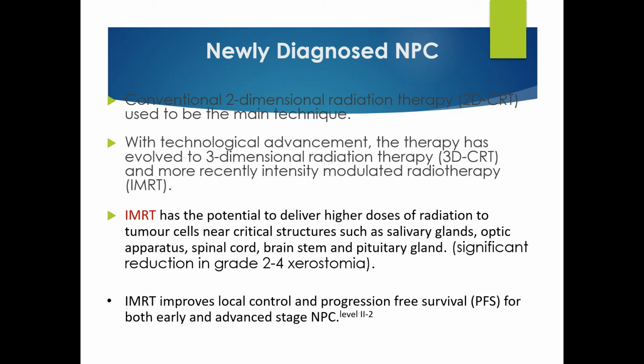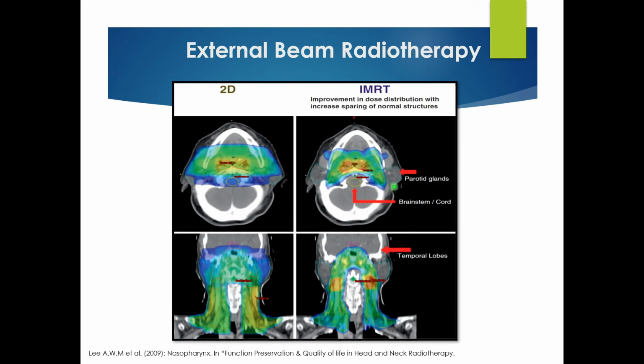It also improves local control and progression-free survival for both early and advanced cancer. Okay, this shows the dose distribution of IMRT with sparing of normal structures compared to the 2D technique.